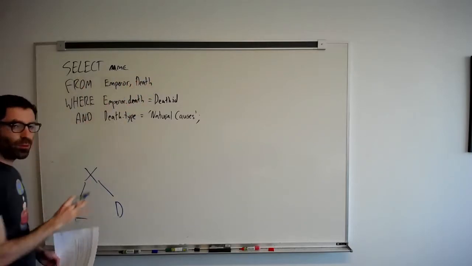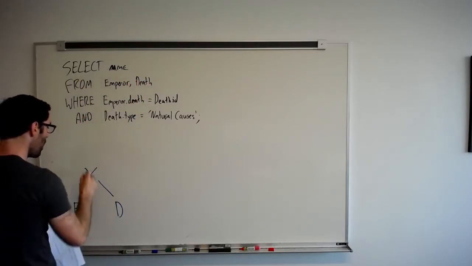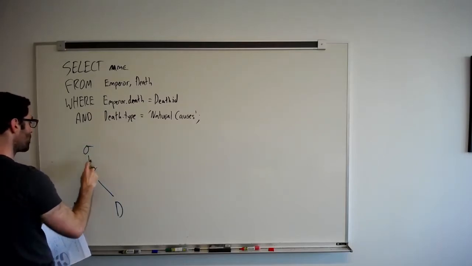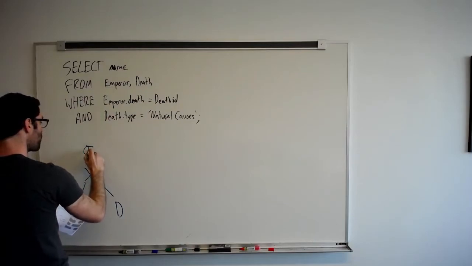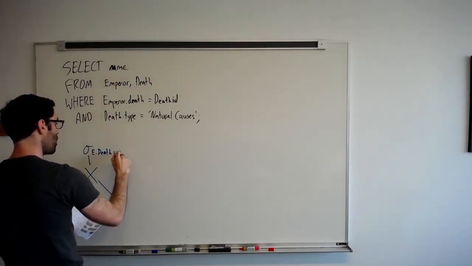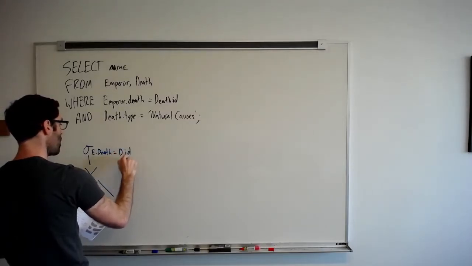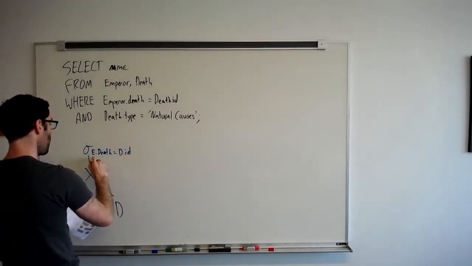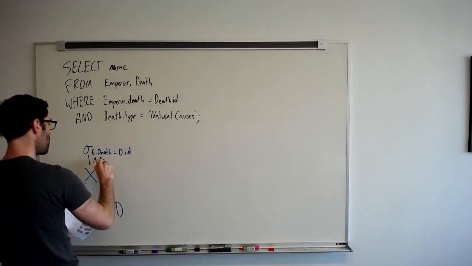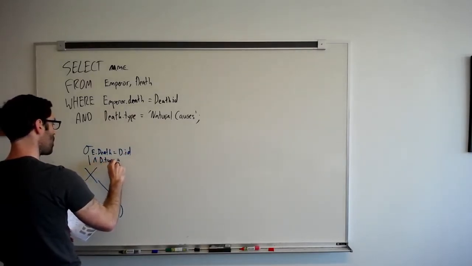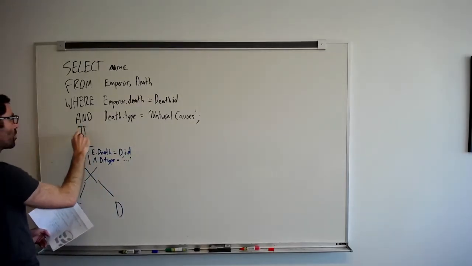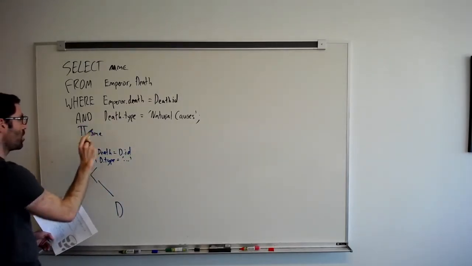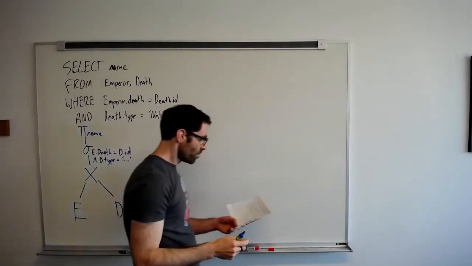I'm just selecting from both of them, that's what that says, which goes into a selection, which has all of my where clause, and from here we go into a projection of the name column.